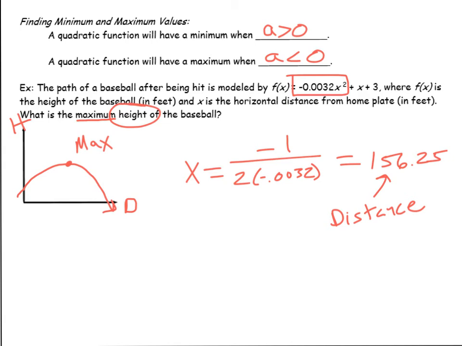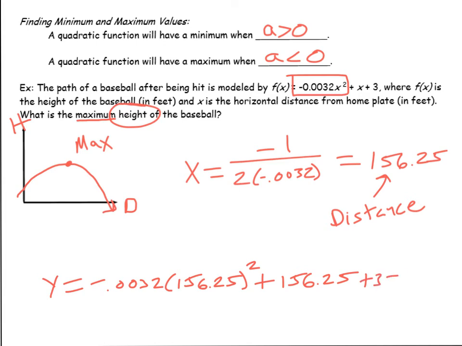It wants the height, which is the y value. Now this'll look worse than it is. The concept is simple. I just have to plug the number back into the quadratic. But for this particular problem, the numbers aren't super nice, so it doesn't look all that pretty. There it is.